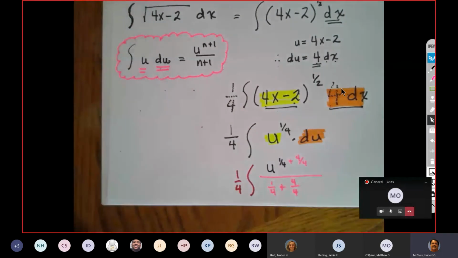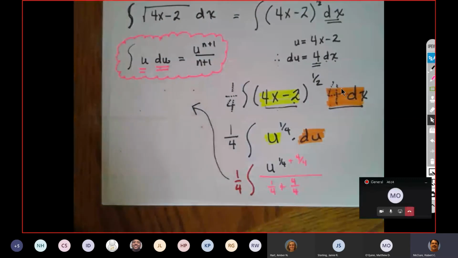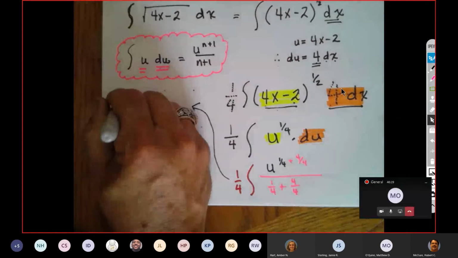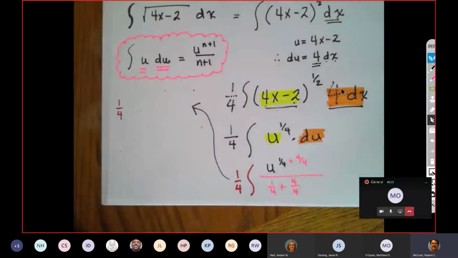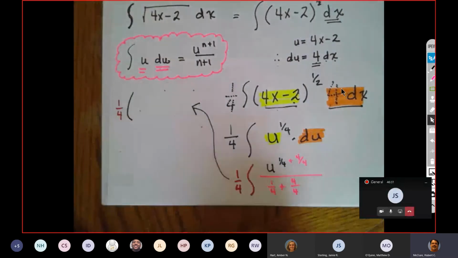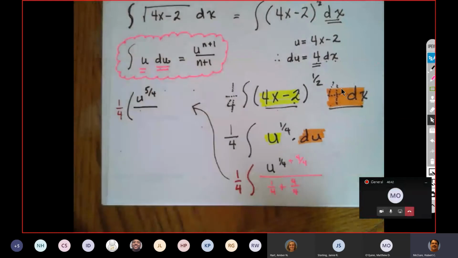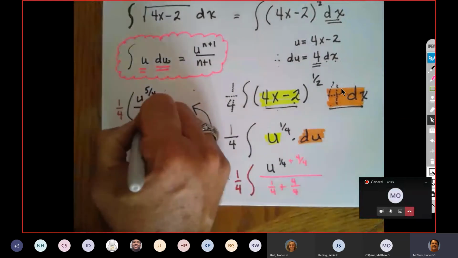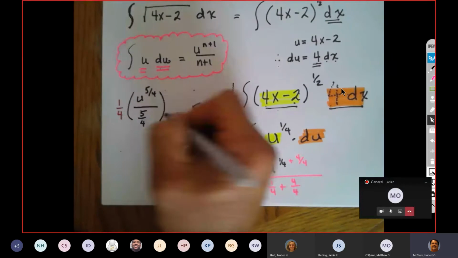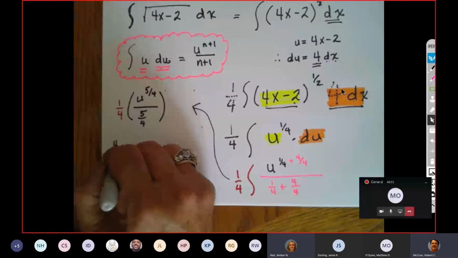So that's going to be 1/4 times u to the 5/4 over 5/4. Well, when we divide by a fraction, what do we multiply by? The reciprocal.